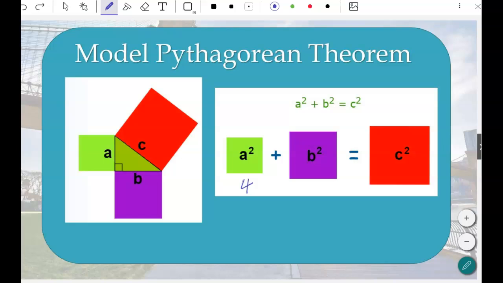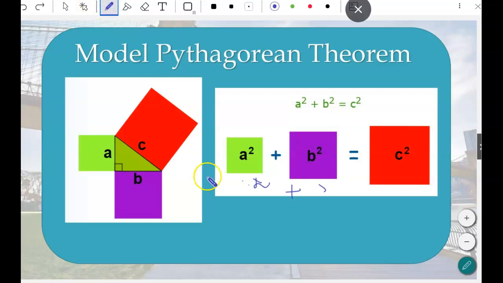So again, the numbers I just put in there just to show you mathematically. Oh, my tablet's not wanting to work very good today. All right, so 4 squared plus the 3. Oh, I did that backwards. This is the 3. Sorry, my tablet's not working.